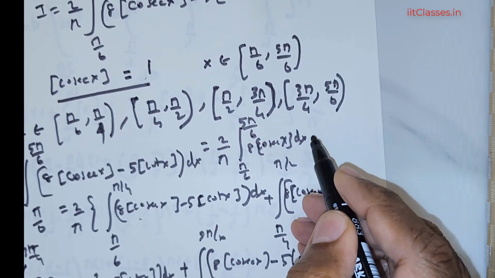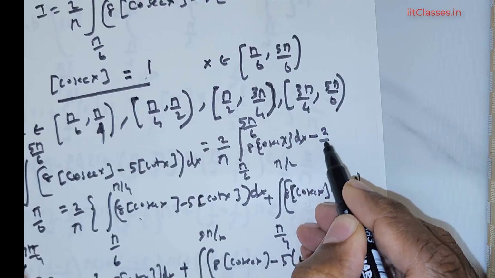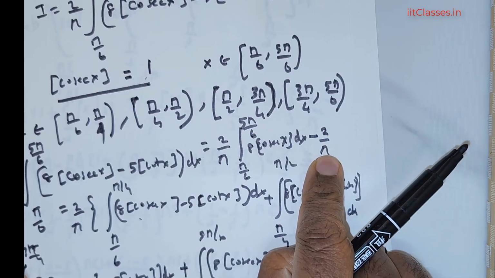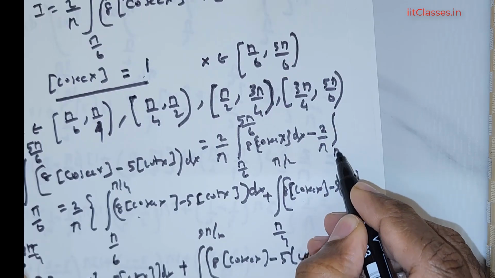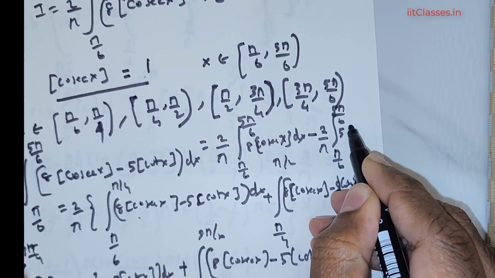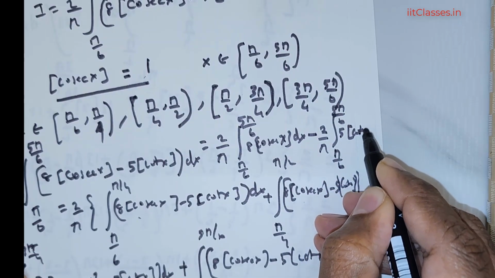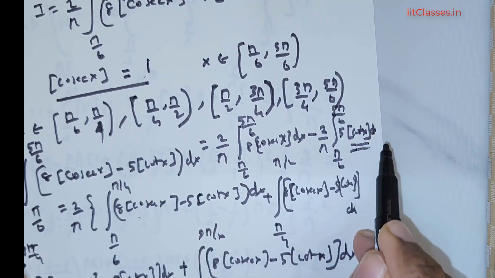This is one quantity, followed by negative 2 over pi times integral pi over 6 to 5 pi over 6, 5 times of cot x dx. Okay, not cosecant x, cot x dx.